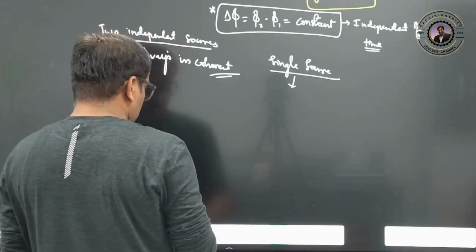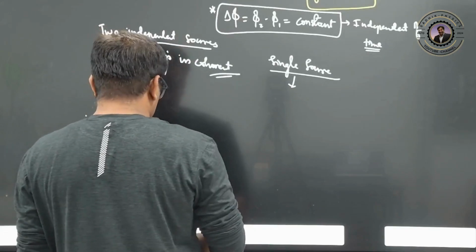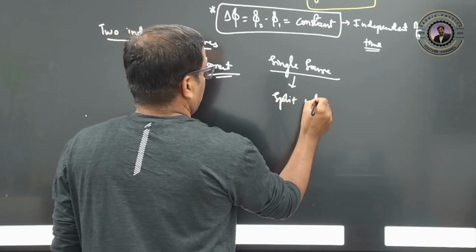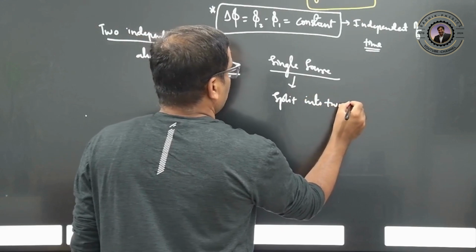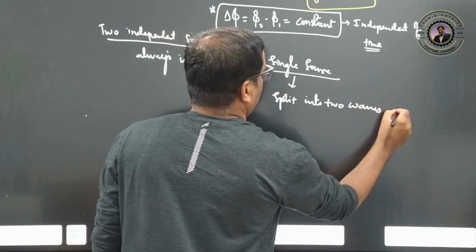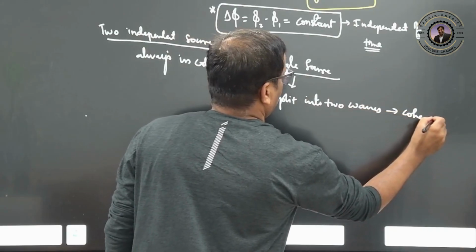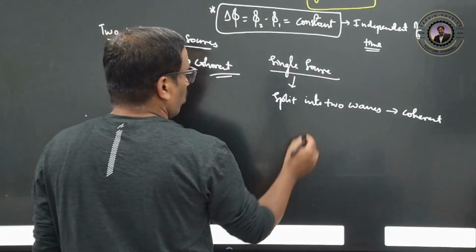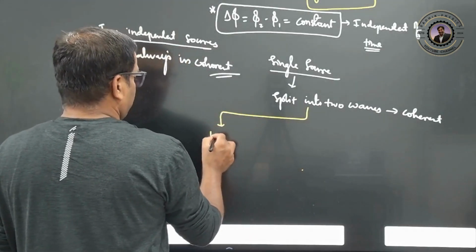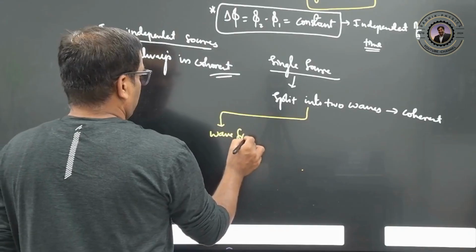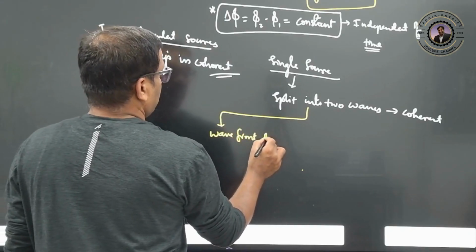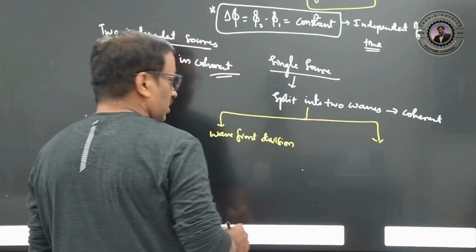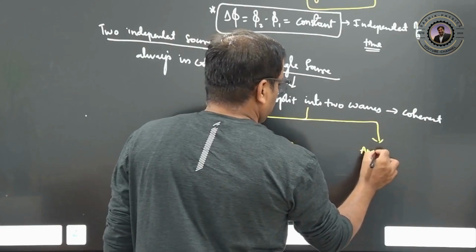A single source should be split into two waves that are coherent. So how can you split it? You can split it in two ways. One is wavefront division, and the other is amplitude division.